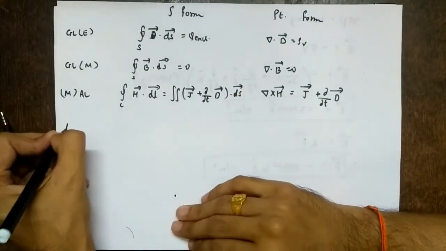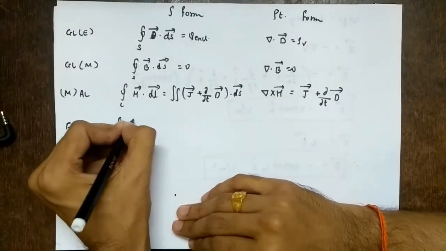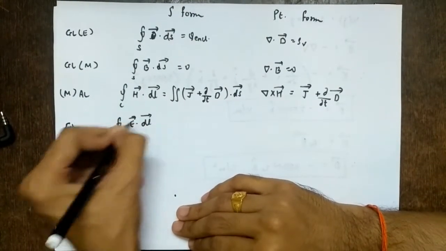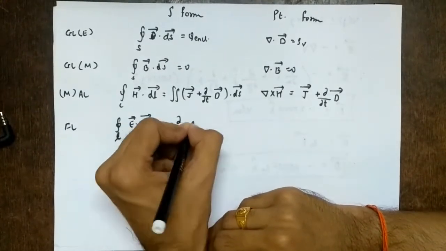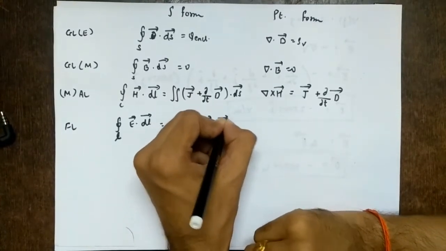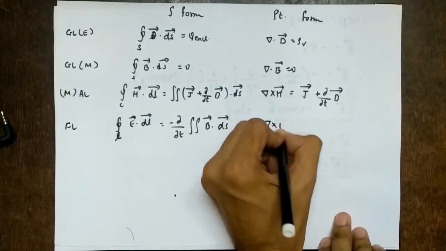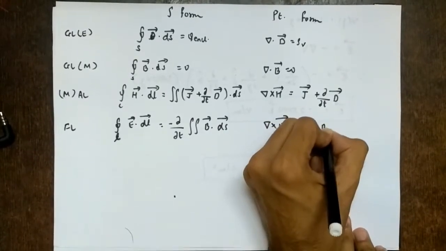Then we have Faraday's law. So what is Faraday's law? Closed line integral of E vector dot dl vector equal to minus dabba by dabba t surface integral of B vector dot dS vector. What is the point form? Del cross E vector equal to minus dabba by dabba t B vector.